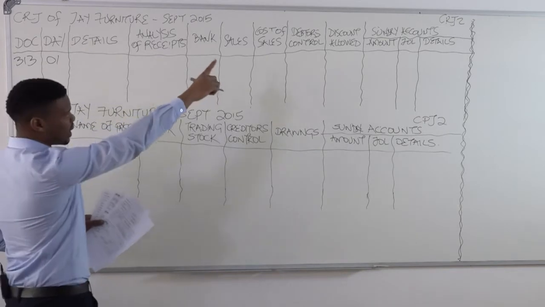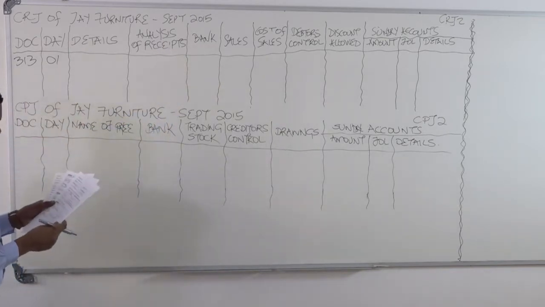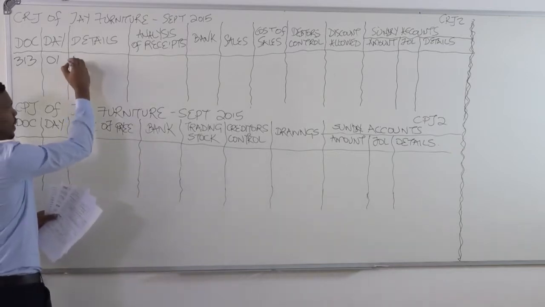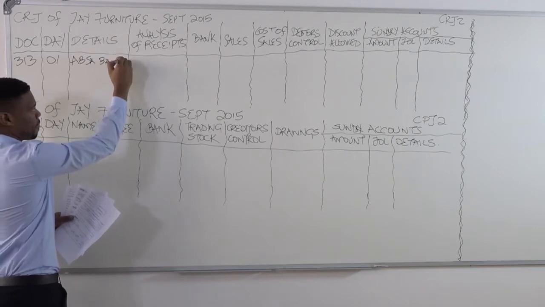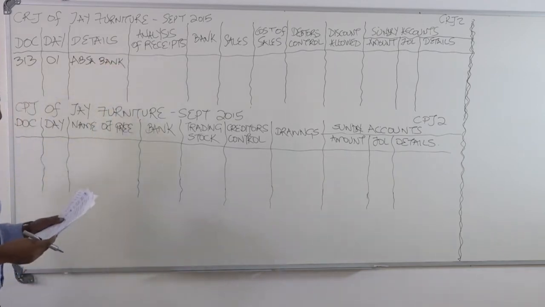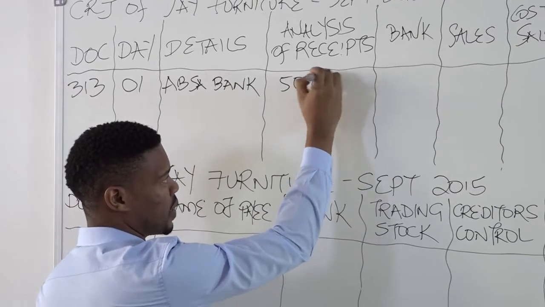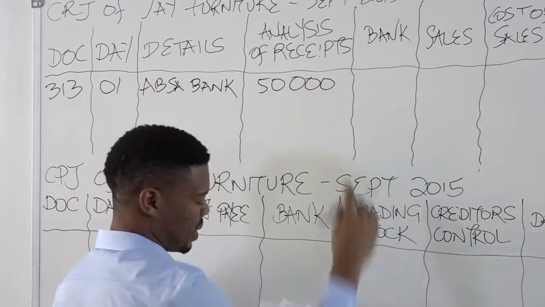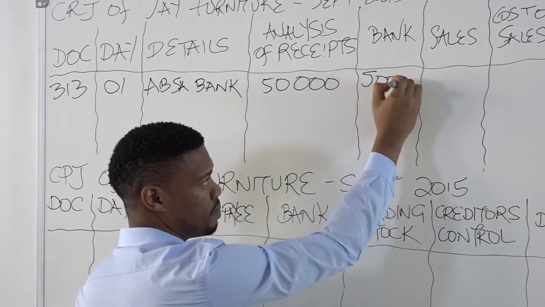Remember, we've already indicated over there the month. Your details, it's a loan from Absa Bank, so you will say Absa Bank. And then that's 50,000 Rand that's supposed to be entered into analysis of receipts. And then you also take that amount and put it into your bank.